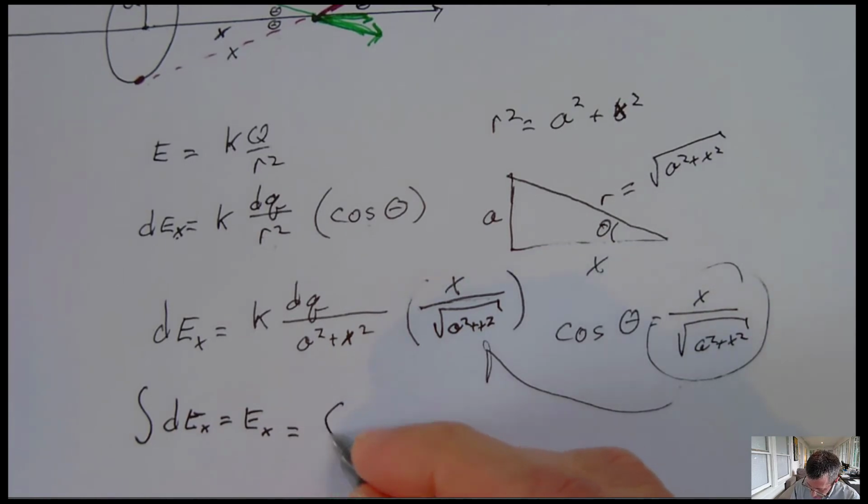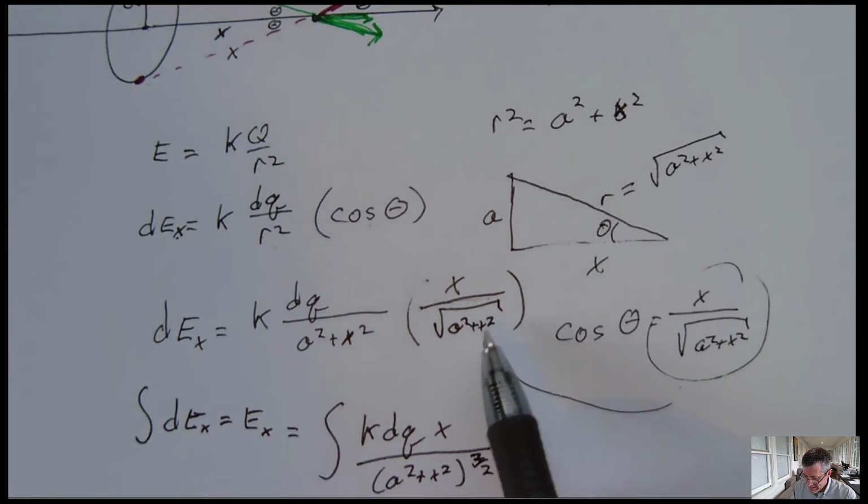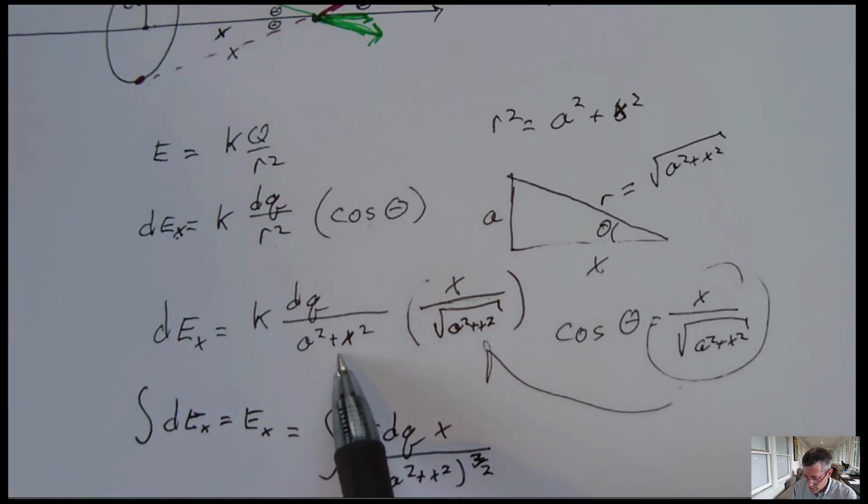This is going to be the integral of k dq x over a squared plus x squared to the 3/2. Adding one and a half from the square root, I end up with 3/2.